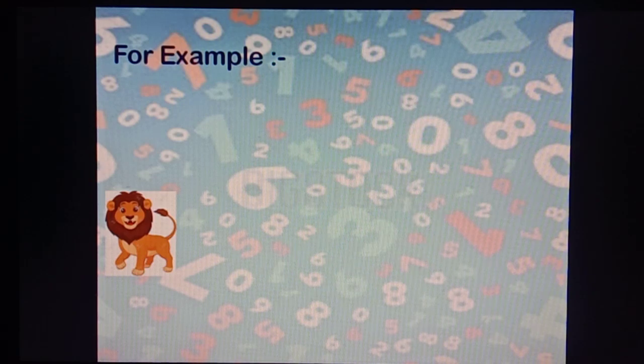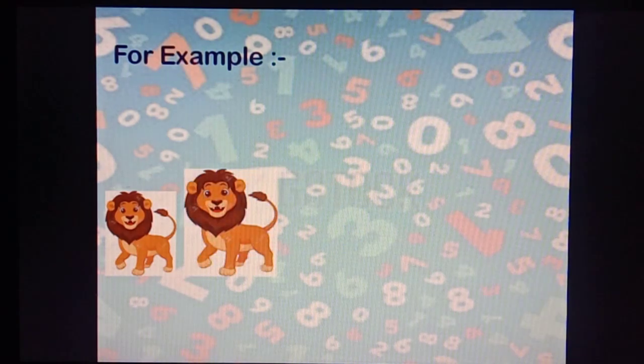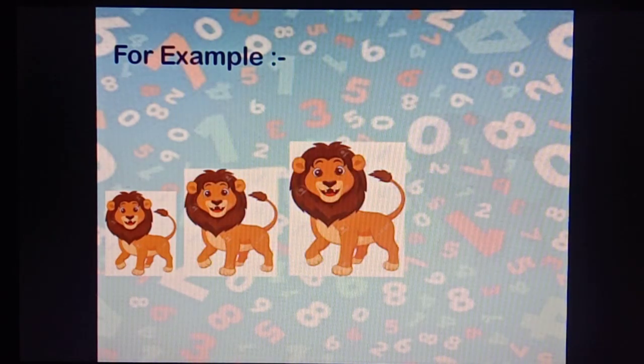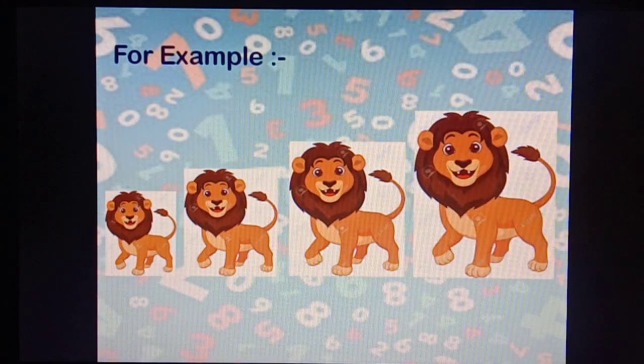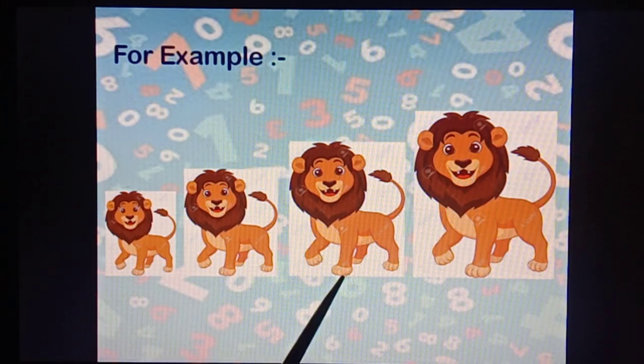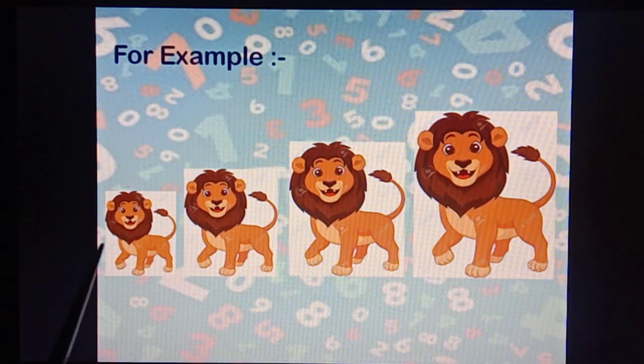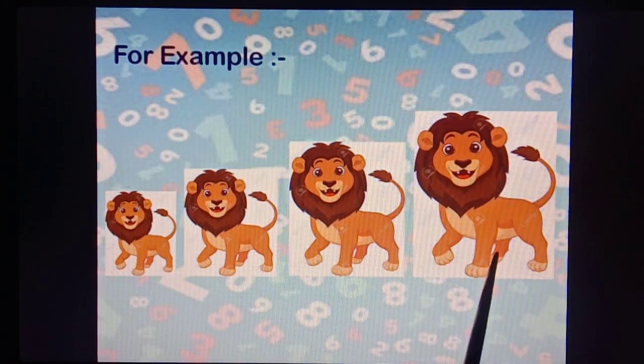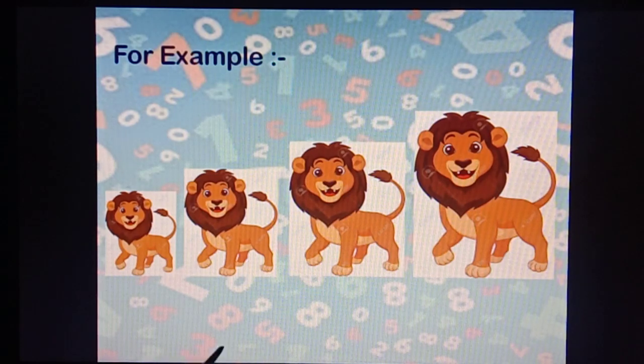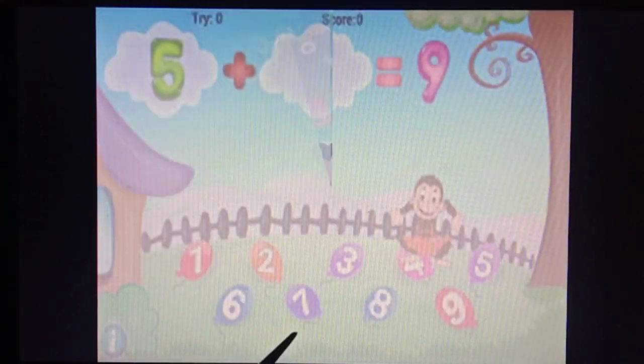For example, there is one lion and there is a second lion, then the third lion and the fourth lion. So as you all can see, this is the smallest lion, then this is bigger, then this is even bigger, and then this is the biggest lion. So it is from smaller to bigger lion. So they are in increasing order.